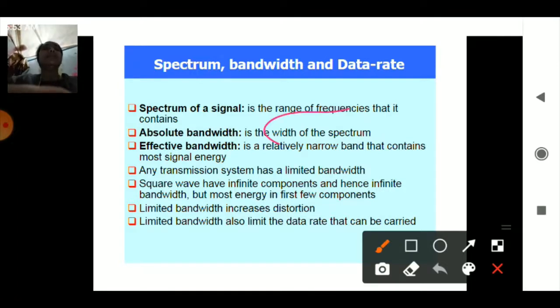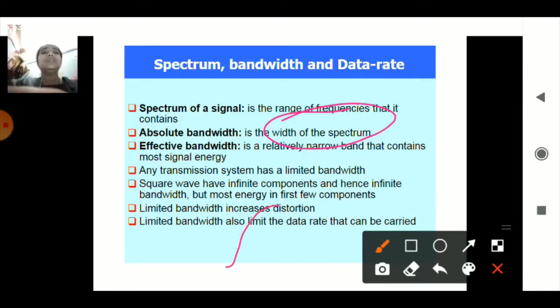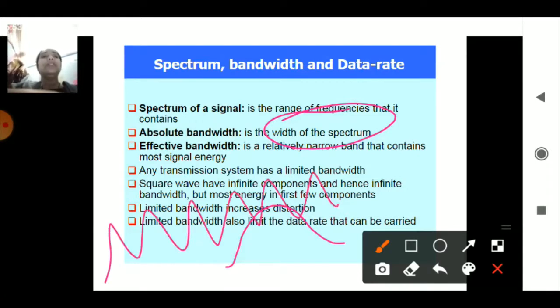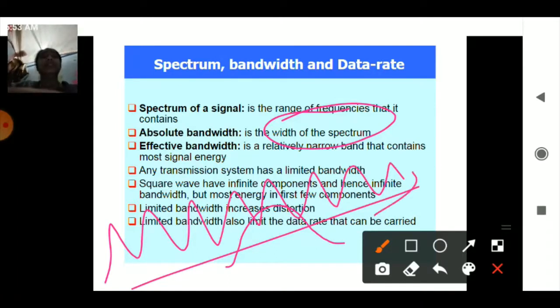The width of the spectrum, when it is normal and proper, is said to be absolute, this much. This is your absolute bandwidth. Effective is when you have multiple relative bands generated at a time. That is said to be your effective bandwidth.